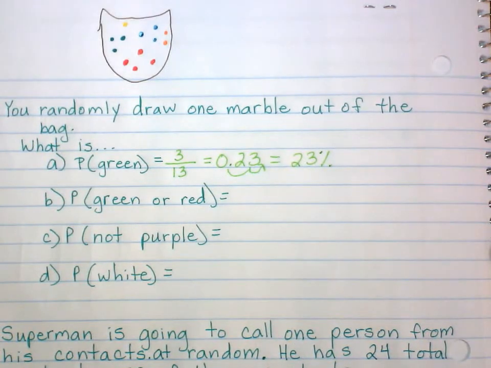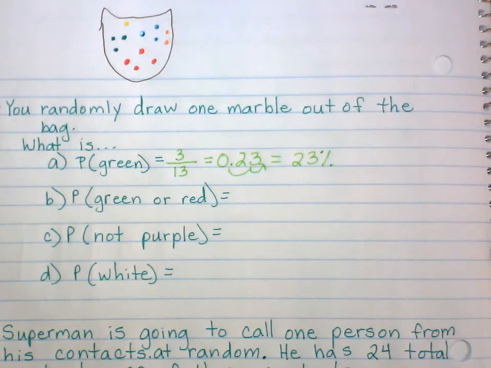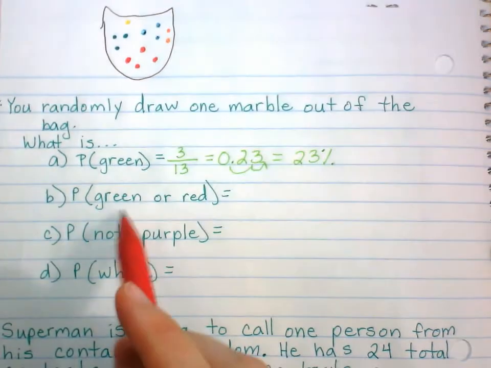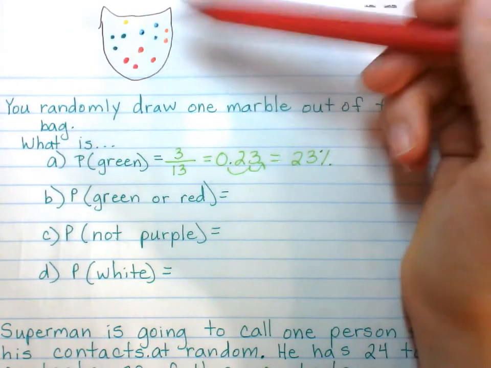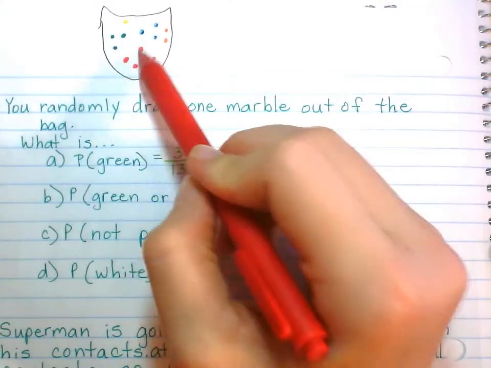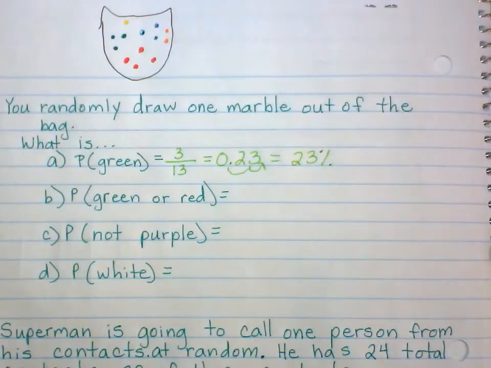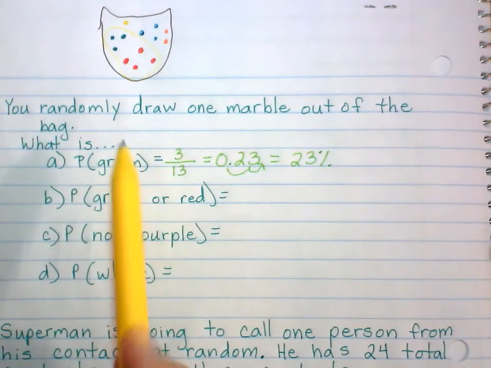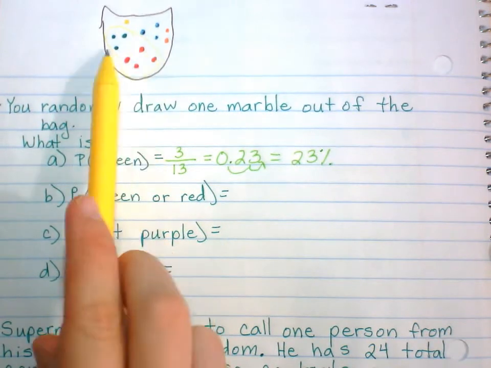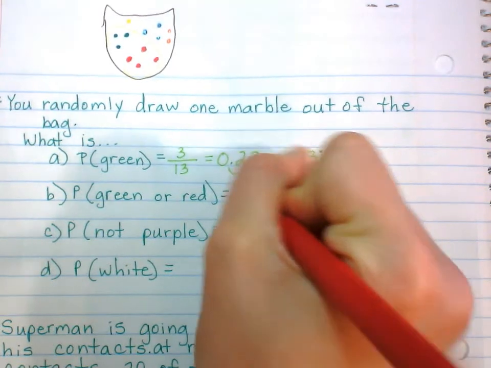All right, what about the probability of drawing green or red? So you can draw green or red marbles. Well, how many marbles are green or red? We have 3 green marbles, and we have 1, 2, 3, 4 red marbles. So total, I'm just going to circle it in yellow so I don't mess it up. Total, we have 1, 2, 3, 4, 5, 6, 7 marbles that are green or red.